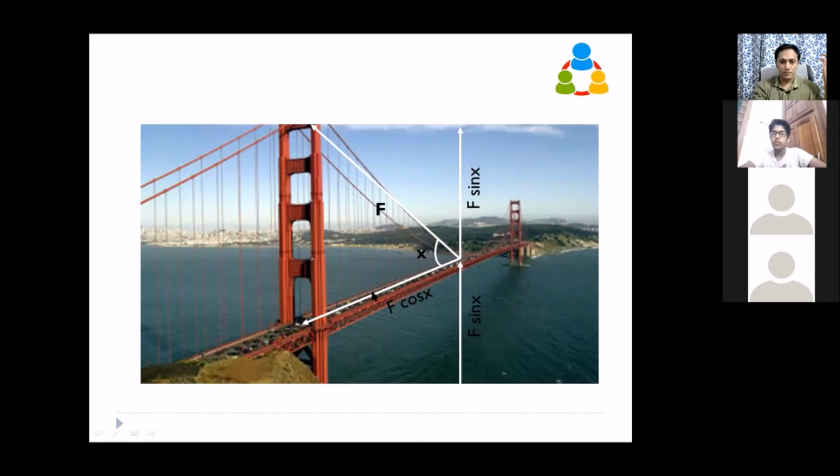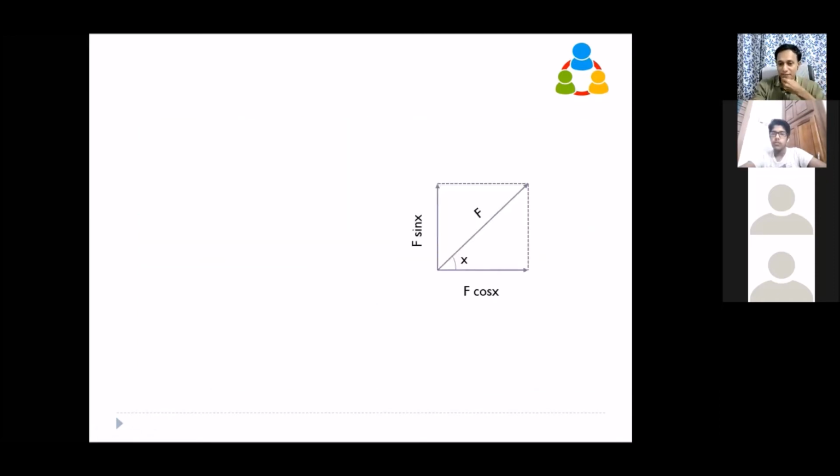Yes, sir. Okay. So now, if I get back to this again, this is sin x and this is cos x. You see, this takes the shape of a triangle, right? This takes the shape of a square and a triangle like this. Why is it? Because I am visualizing it like a shadow of something.